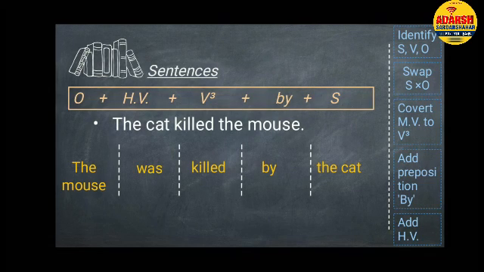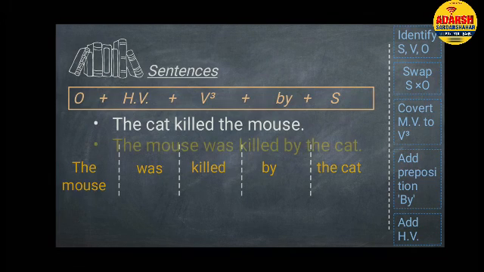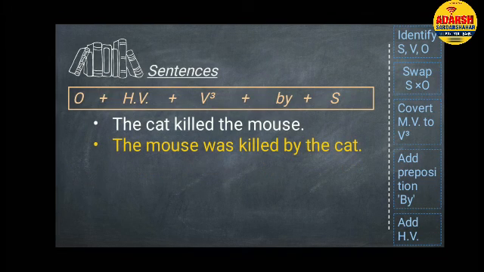Now here we use the mouse was killed by the cat. Let's combine the sentence. The mouse was killed by the cat. Now here we have converted our active sentence into passive in past simple tense.